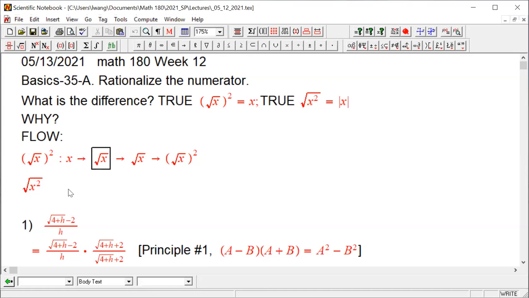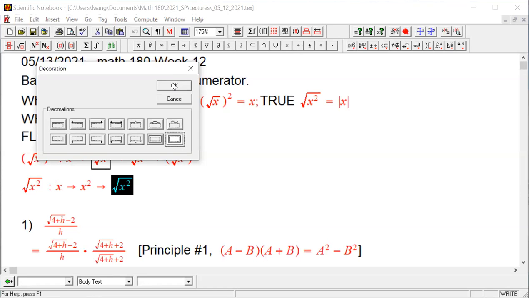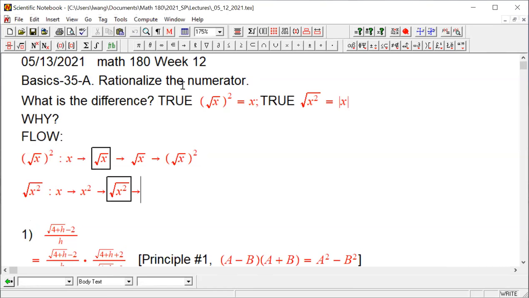And this one, however, x is being squared. There's a square function if you wish. And then we take the root. And this difference causes what?